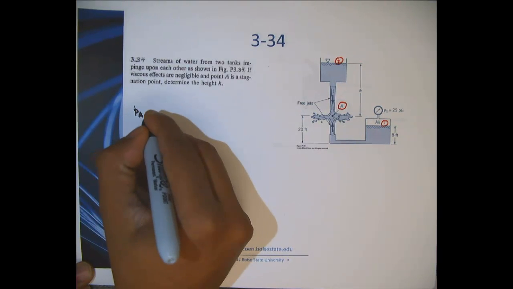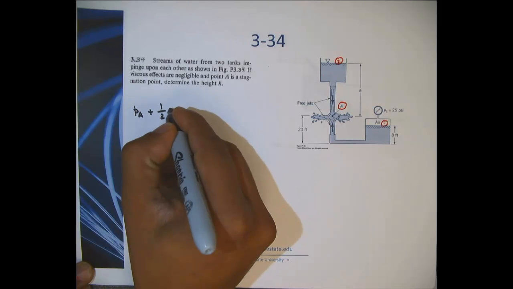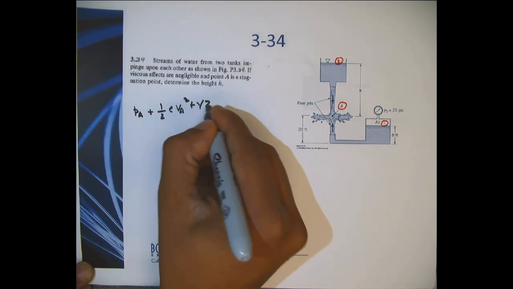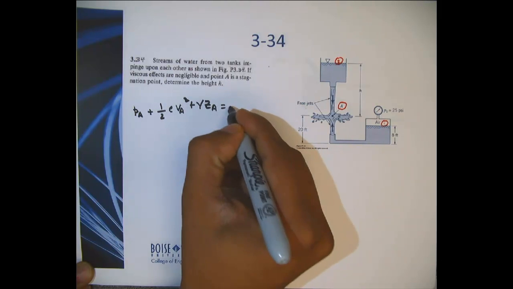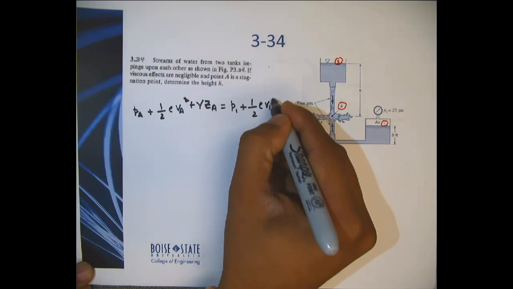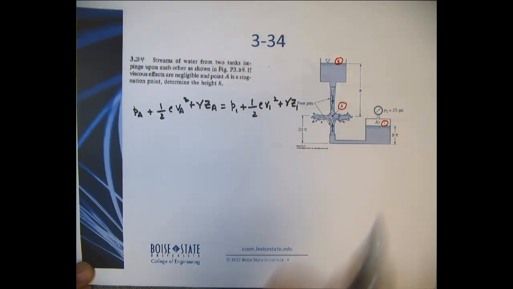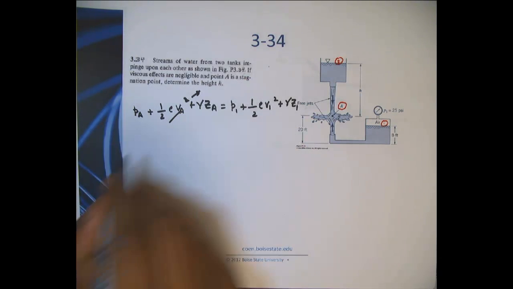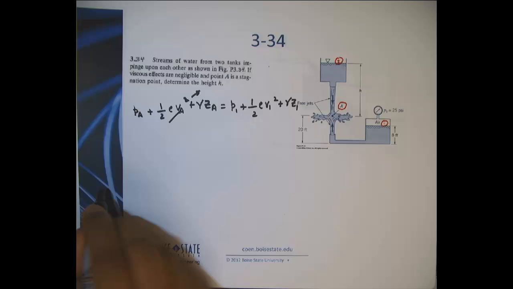So PA plus half rho VA square plus gamma ZA will be equal to P1 plus half rho V1 square plus gamma Z1. So for a fact, we know that VA will be 0, it's a stagnation point.